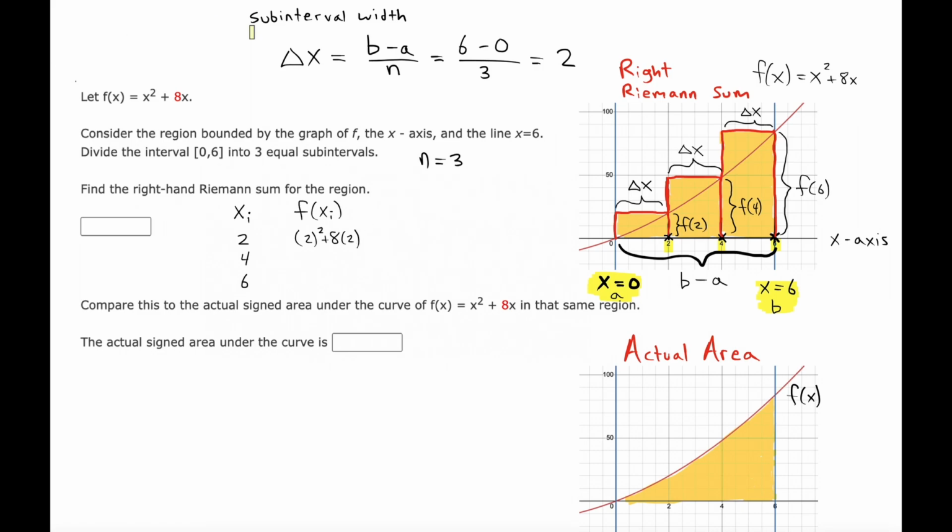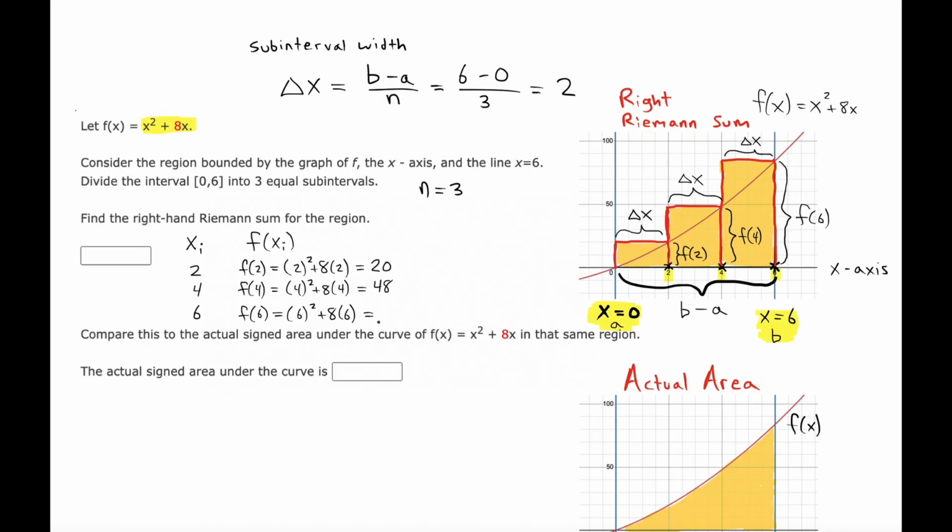So using the formula x squared plus 8x, I'll plug in a 2 first. That gives me 20. f of 4 is 48. f of 6 is 84.